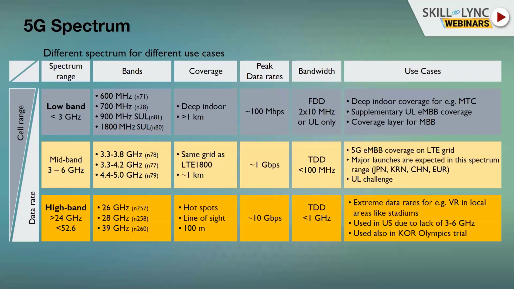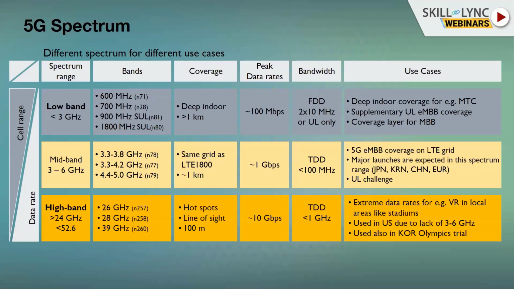So we are almost in the same range as 1.8 gigahertz, which is used by our LTE networks, and the new spectrum used by the majority of the operators in the world today, which is 3.5 gigahertz. So it gives similarly the same coverage.